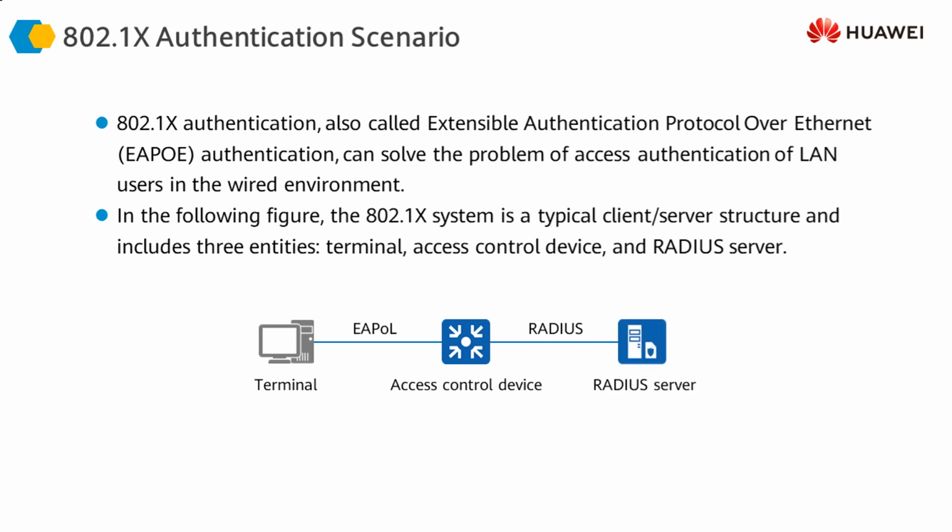If the authentication is successful and the RADIUS server allows the access control device to let the terminal or the user into the network, only then does the access control device allow the access of the terminal or the user to the network. So this entire mechanism revolves around these 3 types of devices: the terminal device, the access control device, and the RADIUS server, which is actually responsible for making the authentication possible.